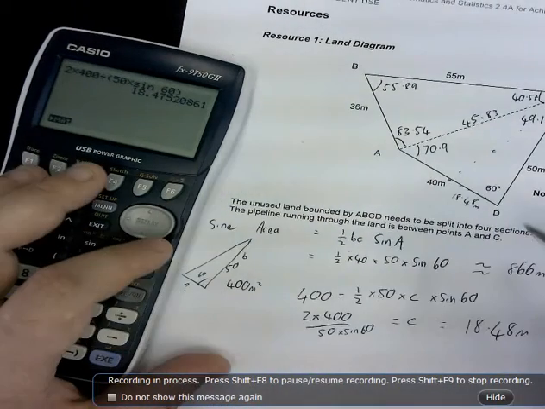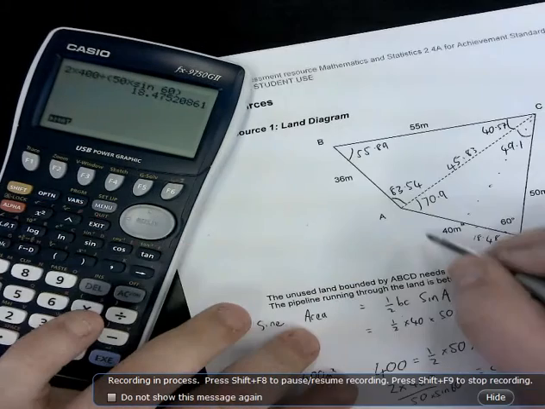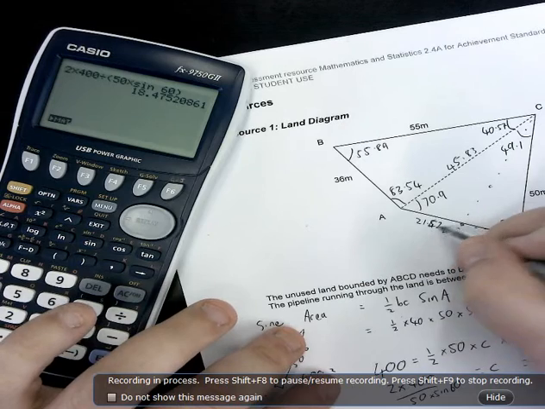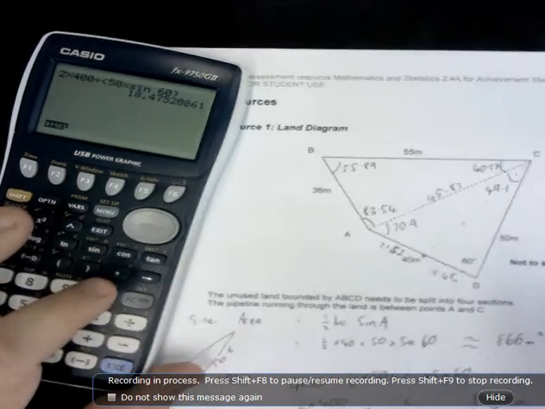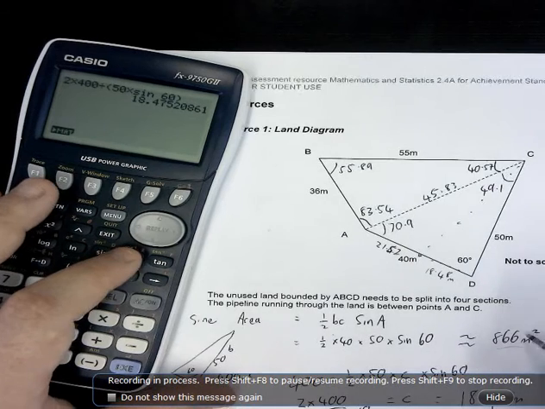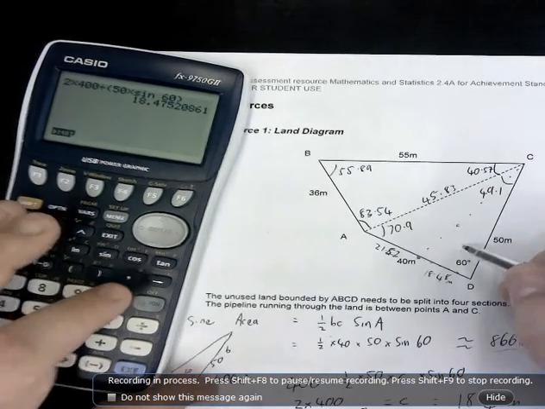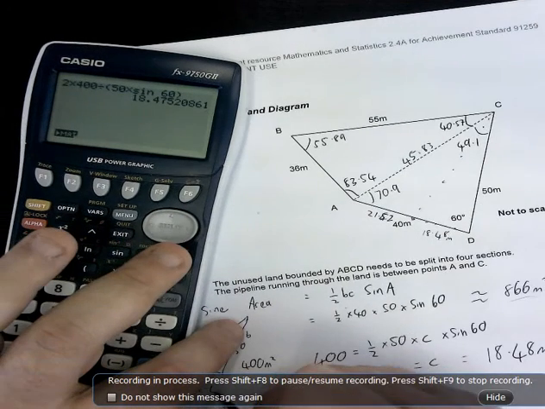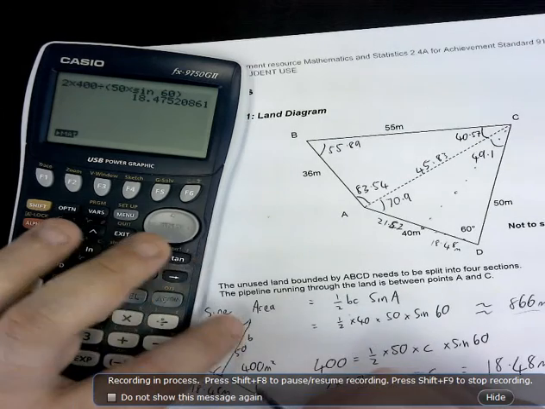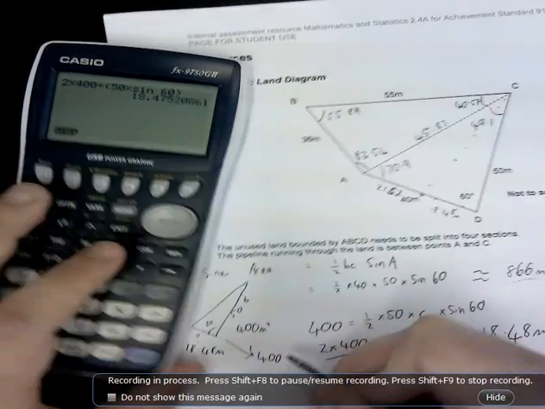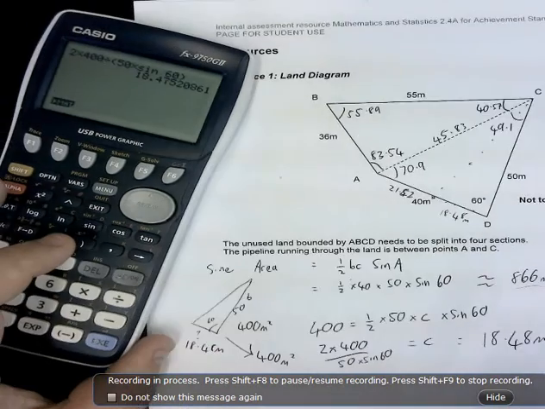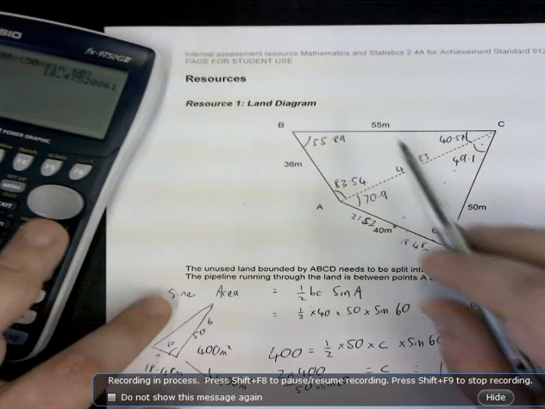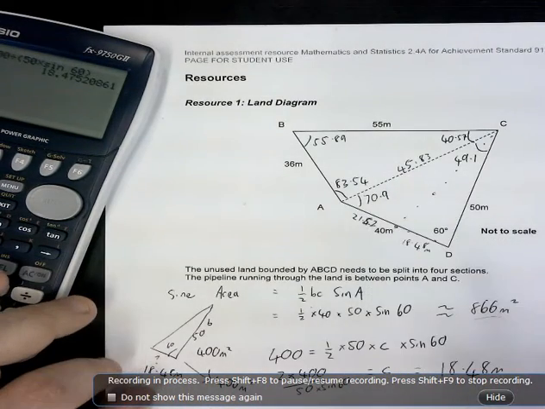That means that the rest of this distance, 21.452, will give me the remaining 466 meters. So here we've shown that we've got one triangle which is 400 meters squared, and another one which is 466. So to do the same for this triangle by dividing it into two separate triangles will give you a mirror.